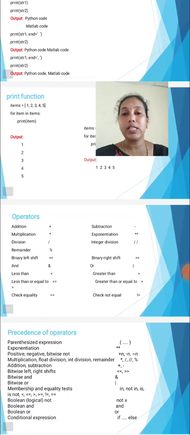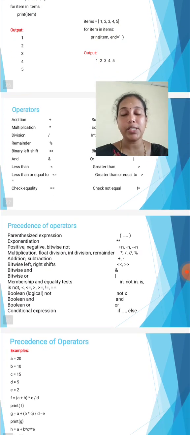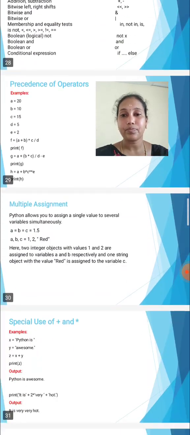And we'll see operators. There are some operators used in Python: addition, multiplication, division, remainder, binary left shift, AND operator, less than or equal to, and the equality check operator. And we'll use precedence of operators.